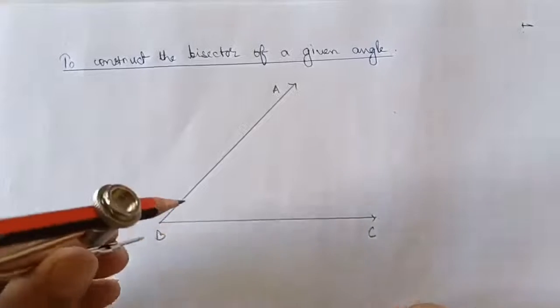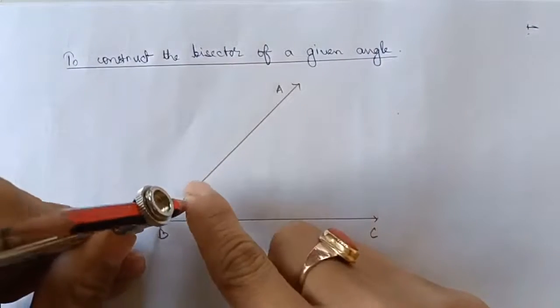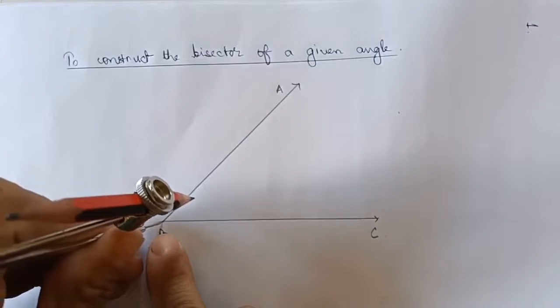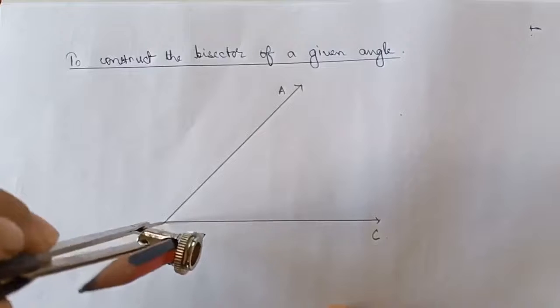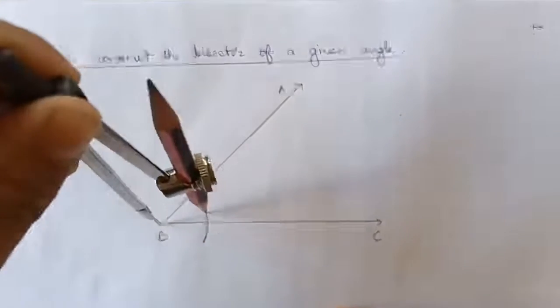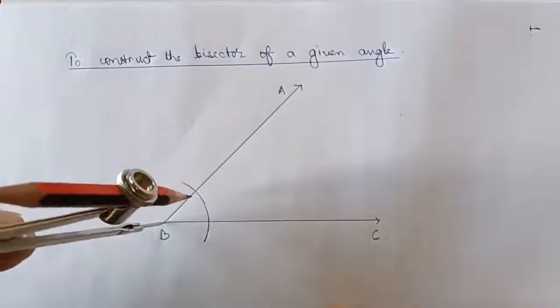So for that, we will take the compass, and with center B we are going to draw an arc like this.